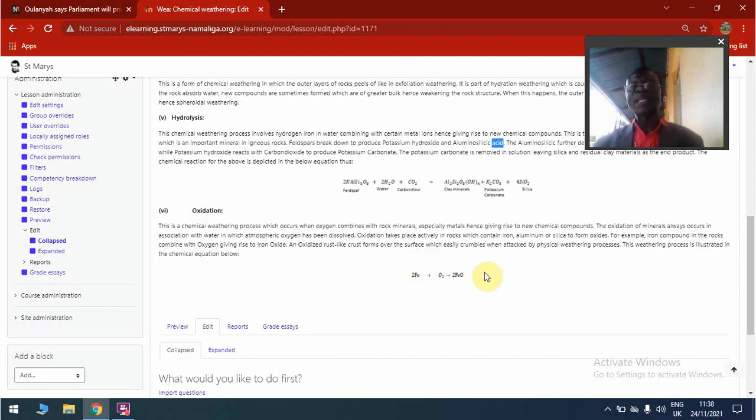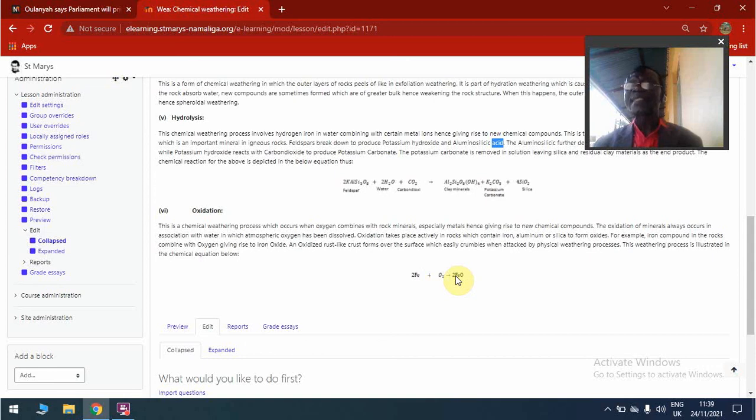Now, when the rock is made up of aluminium, the aluminium within the rock will be oxidized and it will turn into aluminium oxide. So in general, when rocks have been attacked by the oxidation weathering process, they produce new chemical compounds such as iron oxide or aluminium oxide.